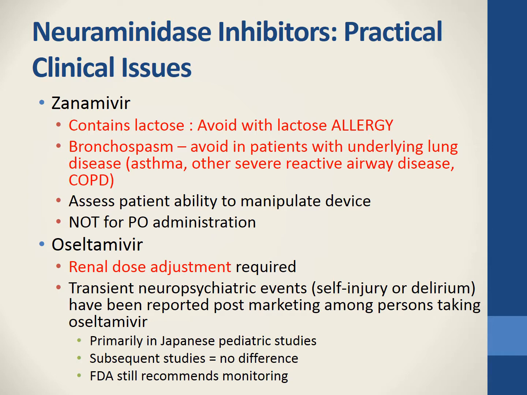That really was primarily reported in early post-marketing studies in Japanese pediatric patients. There have been subsequent studies analyzing this that have shown no difference in treatment and placebo arms. However, due to those early studies, the FDA does still have a recommendation to monitor for these in the prescribing information. So just so you're aware, it's on your radar.